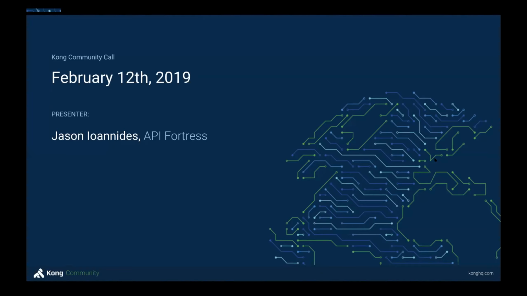Cool. And then Vas? Hi, this is Vas Edelin, Director of API Automation for API Fortress, and very excited for today's call. Awesome, I'm really stoked too. And then last but absolutely not least, we have our presenter, Jason. So Jason, you can just introduce yourself and jump right into your slides if you like.